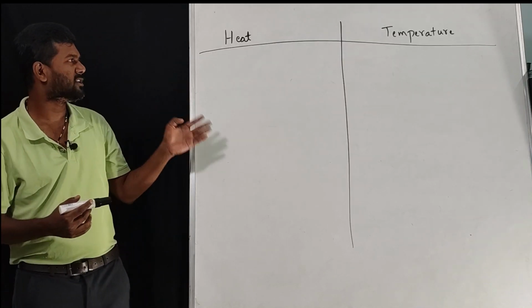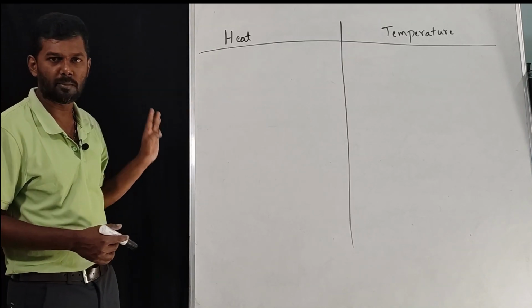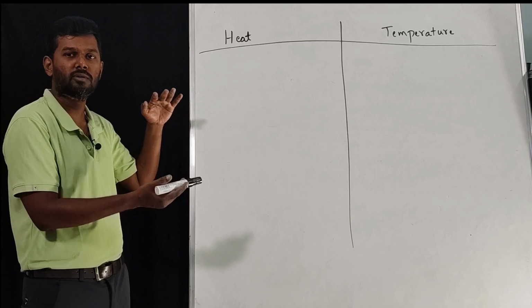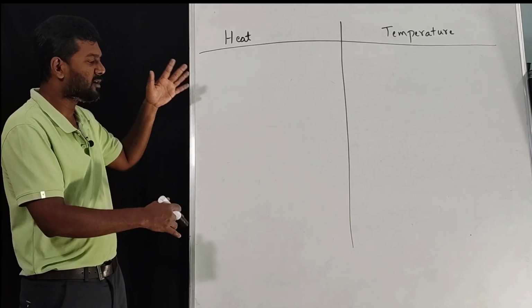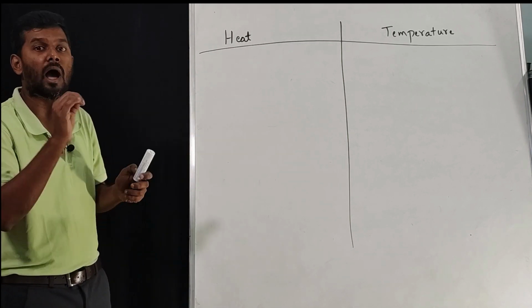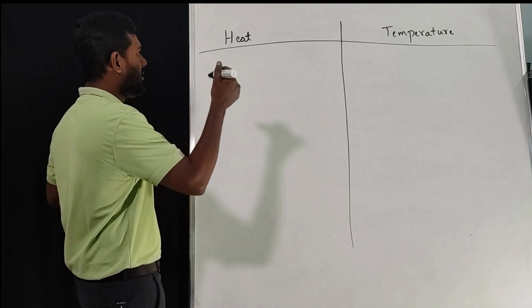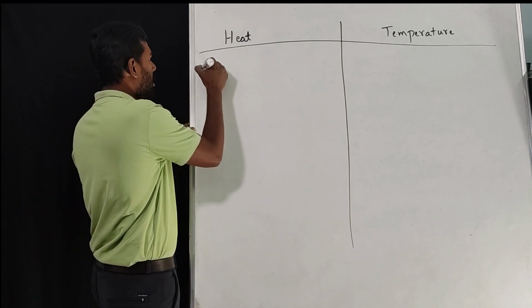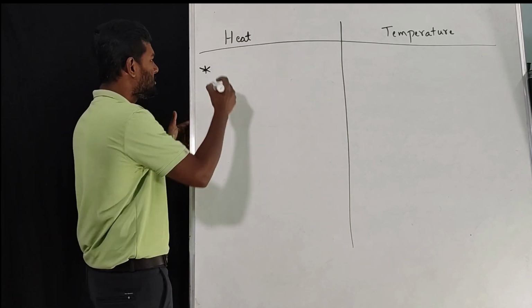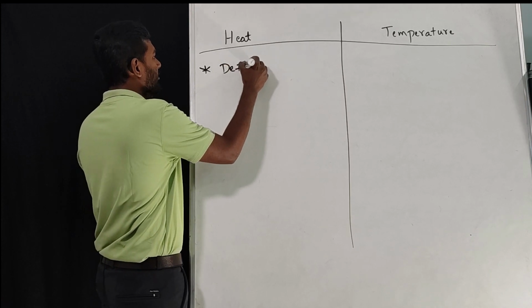Now we will learn the difference between heat energy and temperature. Whatever we are going to learn now, we have already learned, but when it comes to differences, we need to understand how to write it in the exam. See, first you have to write it like this. The first difference should always be definition.